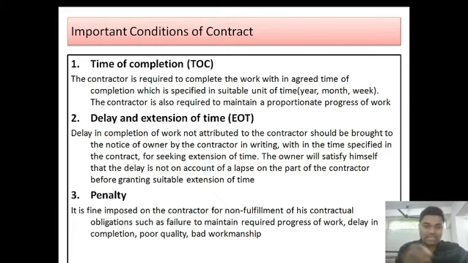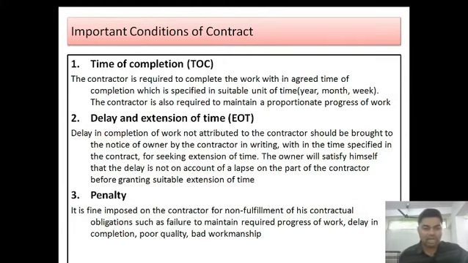If the owner is satisfied with those written explanations, that yes, he is genuinely asking for an extension of time and it is not his fault, then the owner may grant the suitable extension of time which the contractor has asked, without laying any sort of penalties.